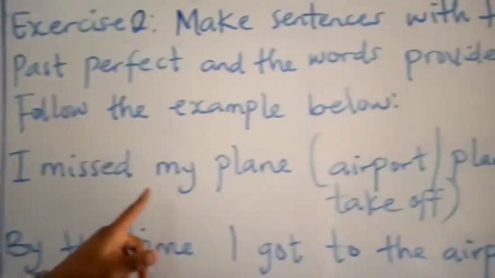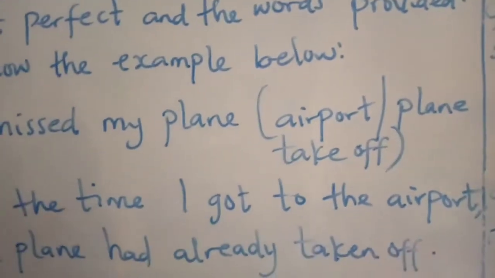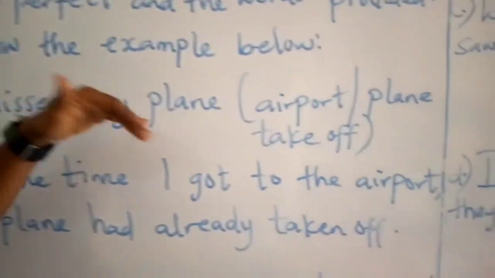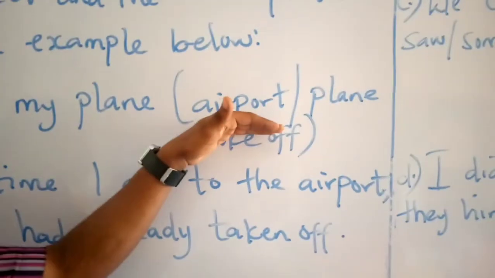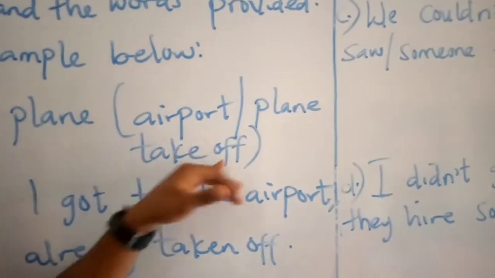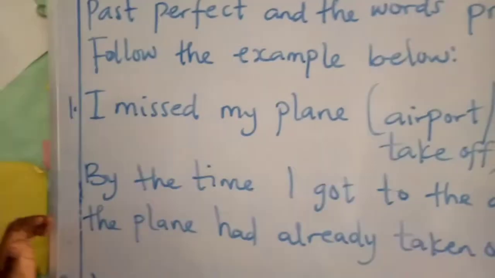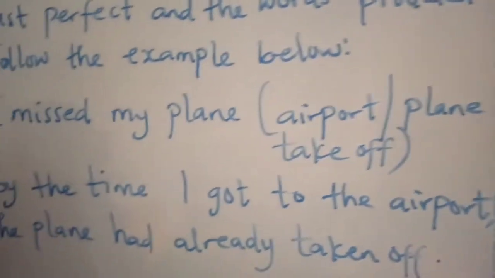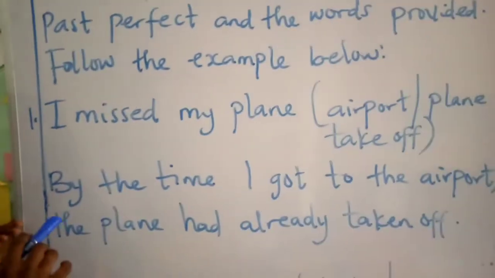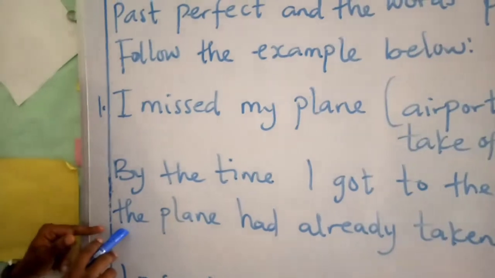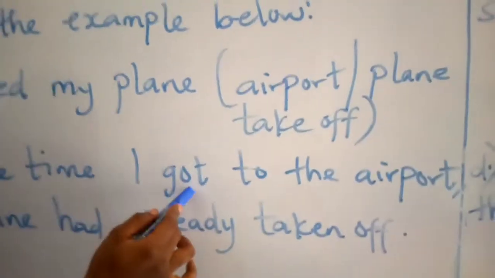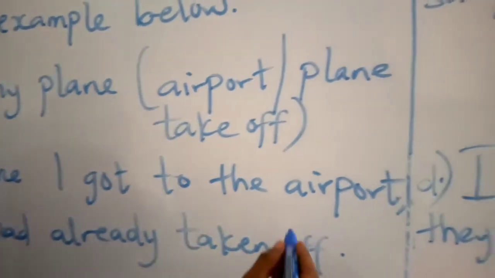I missed my plane. That's what we have here at first. I missed my plane. Airport, plane, take off. So now we are asked to change the sentence to the past perfect. Now look at what we have here.